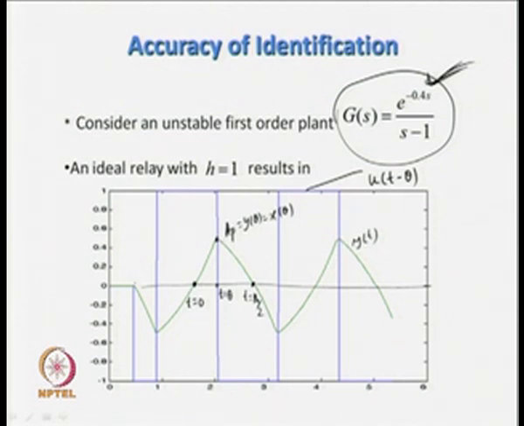If I look at this plot, the half period of the signal is almost 1 second or so, and the time delay till t equal to theta will also be of magnitude 0.4 or so.